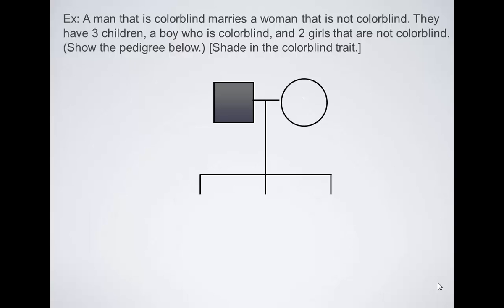So they have a boy who is colorblind. What symbol are we going to put there, Maggie? Yeah, shaded in square. Then they have two girls who are not colorblind. What are we going to use there? Yeah? Circles. Two plain circles.